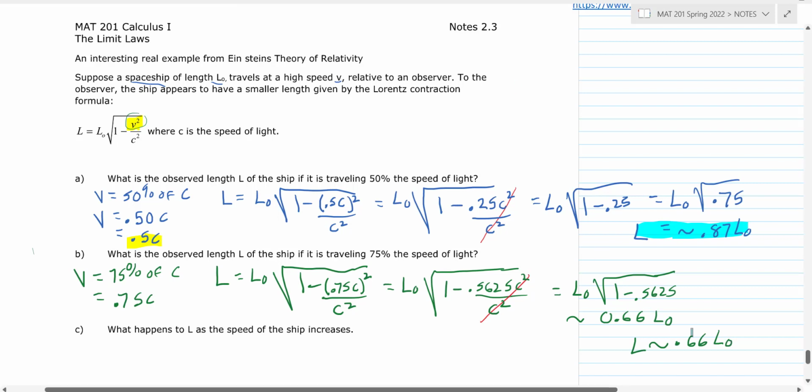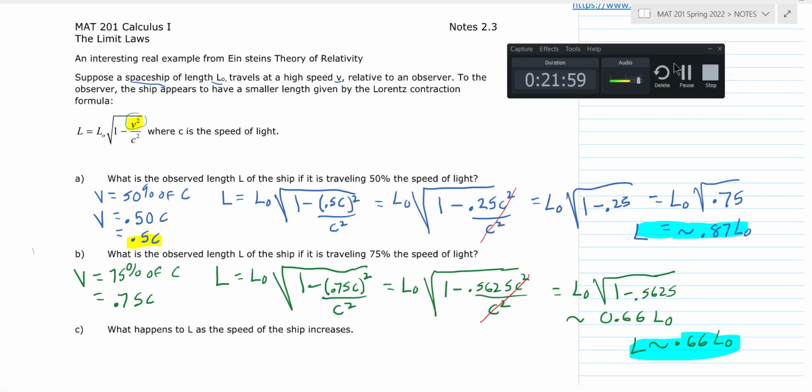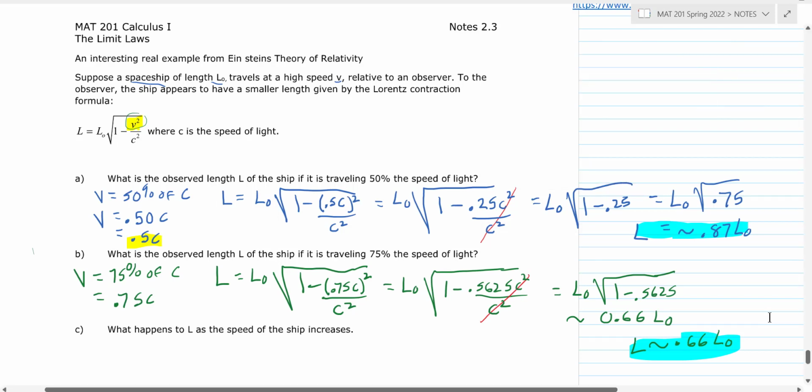So if you look at these values, it's contracted more. All right, so what ends up happening on that is you're contracting more and more as you get closer to the speed of light. All right, so that's how that works out. Okay, so see, this number is getting smaller right there.